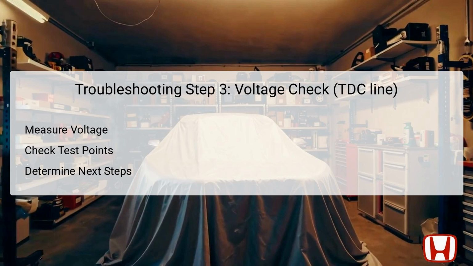Checking for a voltage level of approximately 5.0 volts is essential to identify whether the TDC line is functioning properly. If this voltage is detected, it suggests that the TDC line is intact, allowing you to proceed to the next troubleshooting step. Conversely, if the expected voltage is not found, it indicates a possible fault that requires further assessment.